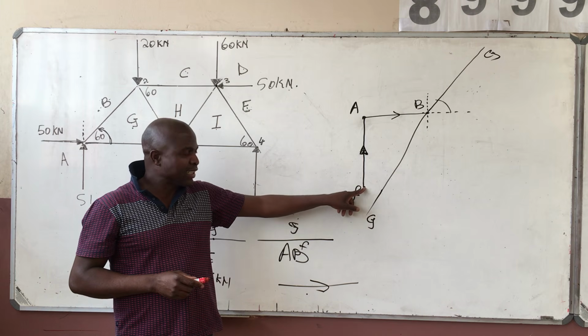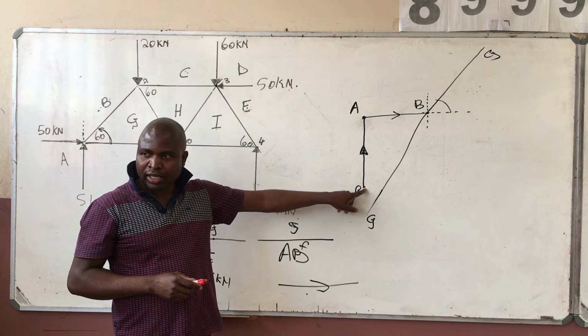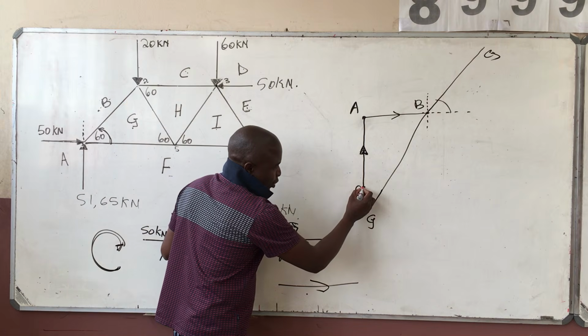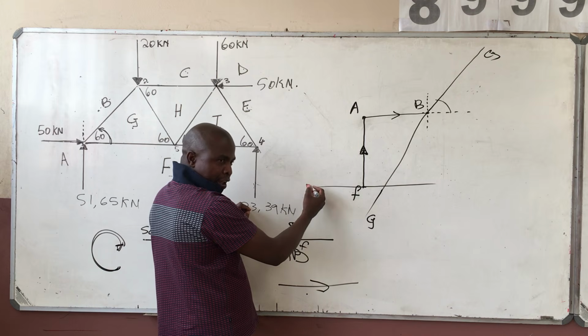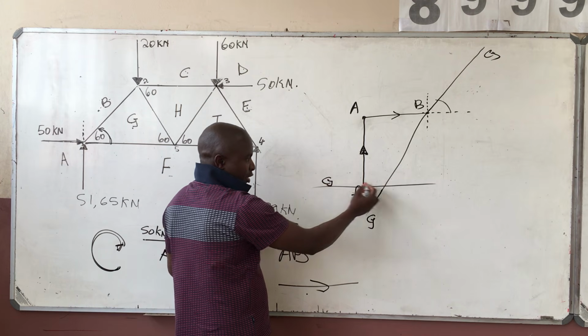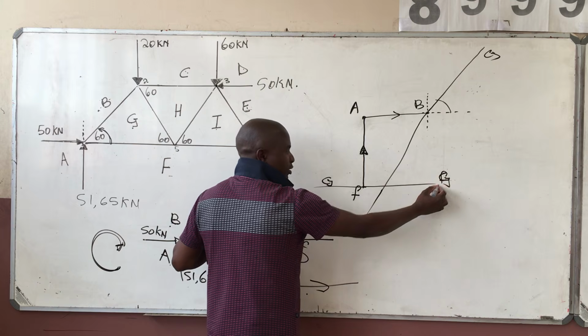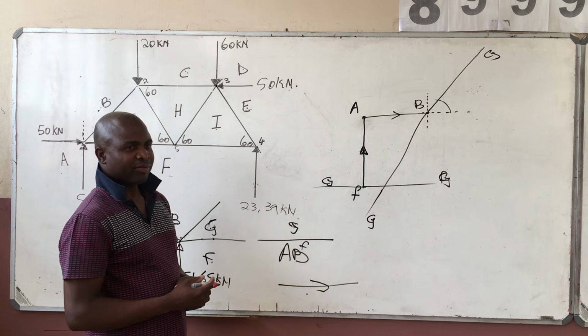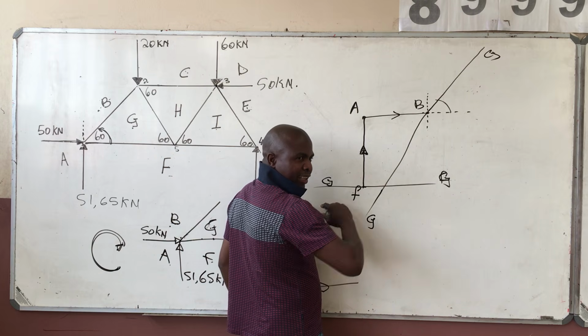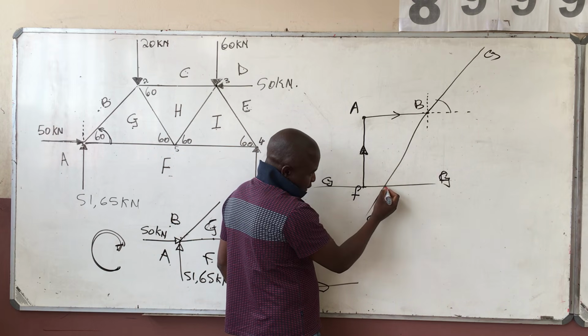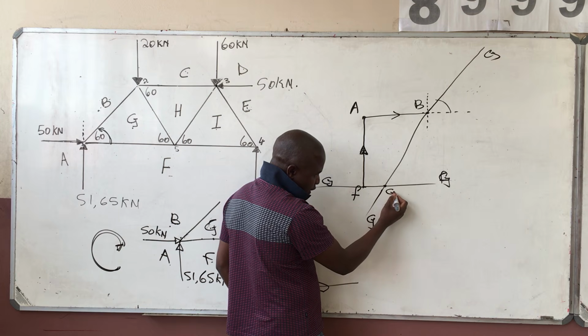At least we know that this horizontal line must go through there. So when we are here, we draw a line going that side and we also draw a line going this side. Somewhere this side we have G and somewhere that side we have G. So when they intersect here, this is your point G.